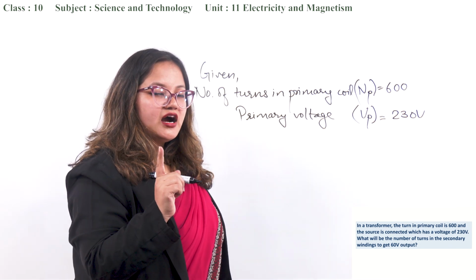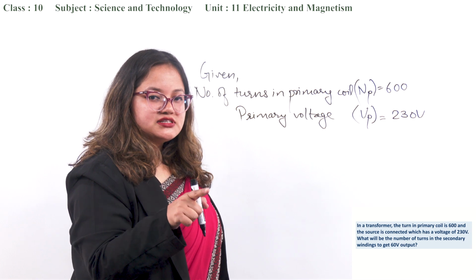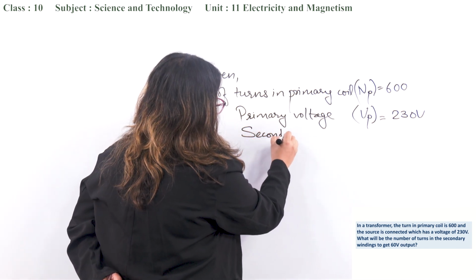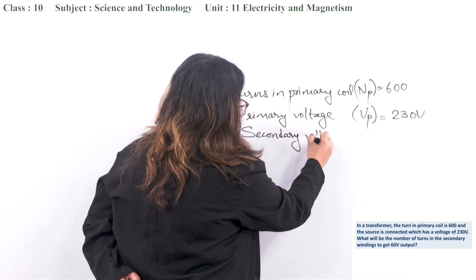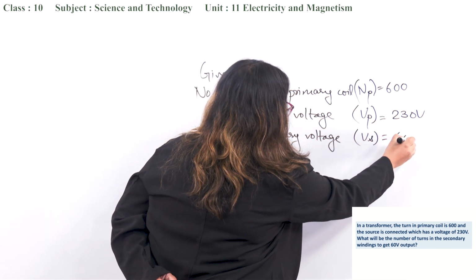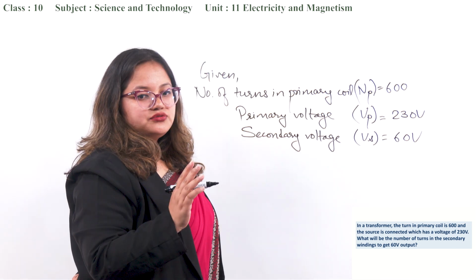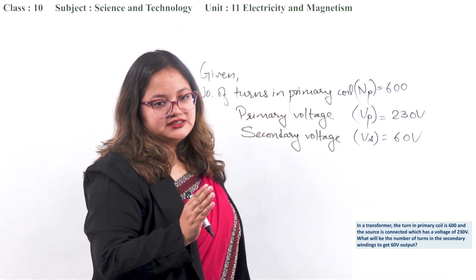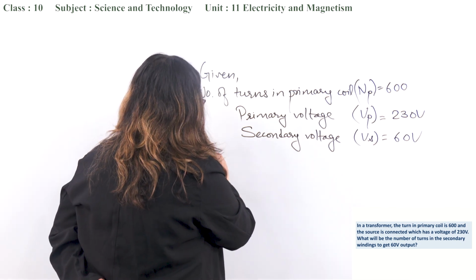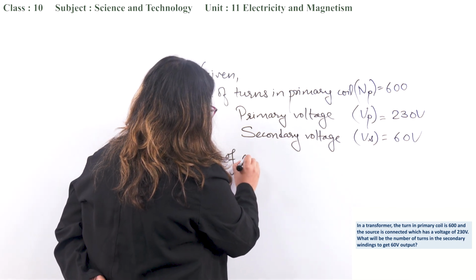So you are given the output voltage as well. That means it is the secondary voltage. Now, the thing that you are trying to find in this numerical is the number of turns in the secondary winding, which is the number of turns in the secondary coil.